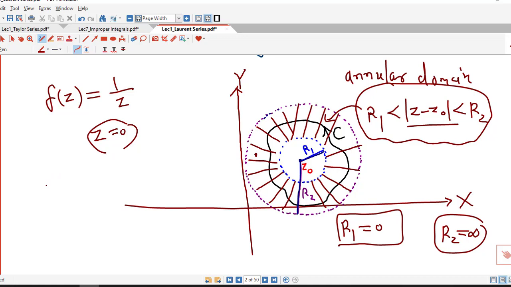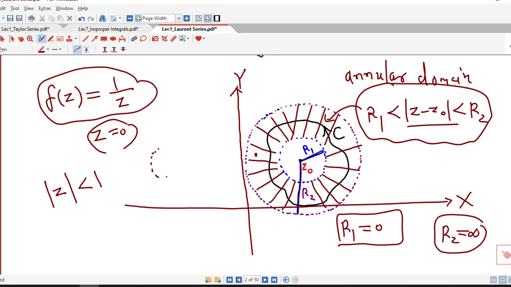So if we consider any open disk with center z equal to 0 and radius 1, then our function is not analytic in this open disk, absolute value of z is less than 1. It is the circle with center z0 and radius 1, and the function is not analytic at z equal to 0.